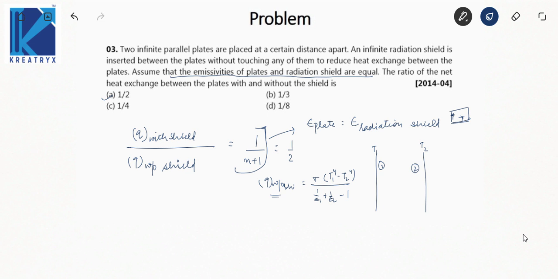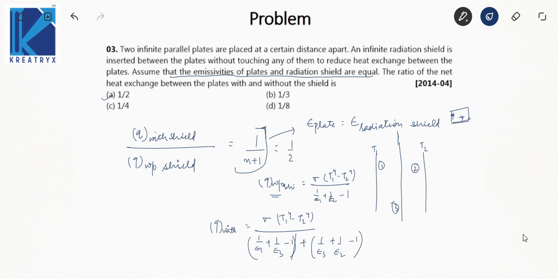And when I insert this shield 3 here, then Q with shield becomes sigma (T1 to the power 4 minus T2 to the power 4) upon (1 by epsilon 1 plus 1 by epsilon 3 minus 1) plus (1 by epsilon 3 plus 1 by epsilon 2 minus 1).